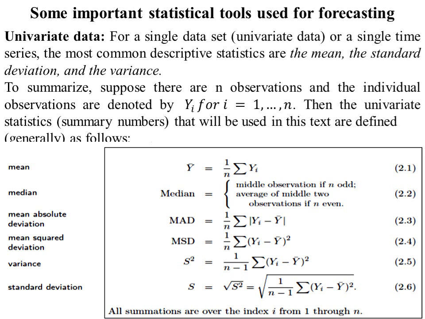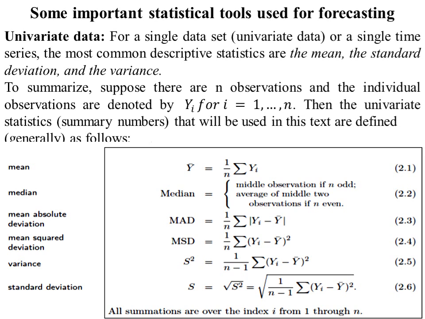Mean squared deviation, by its name, is equal to summation over n. Squared, we square the deviation. Deviation means how far these points are from the mean.